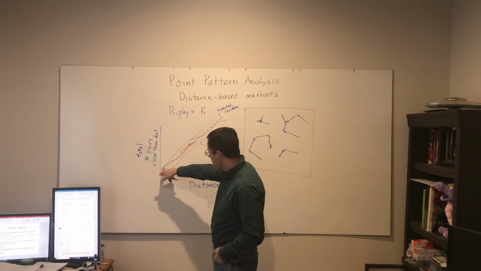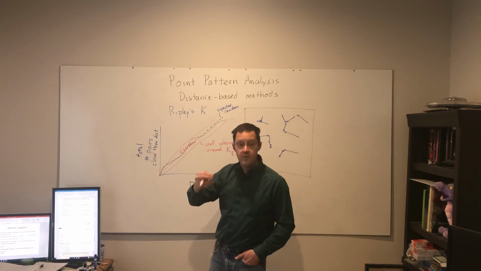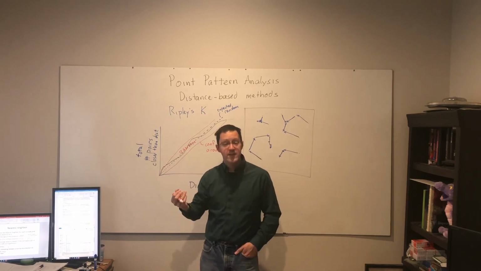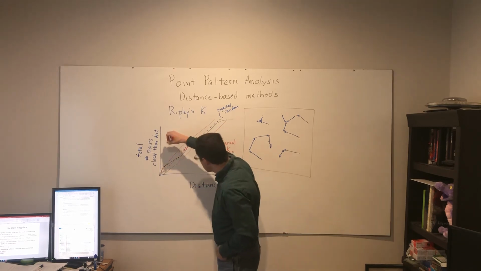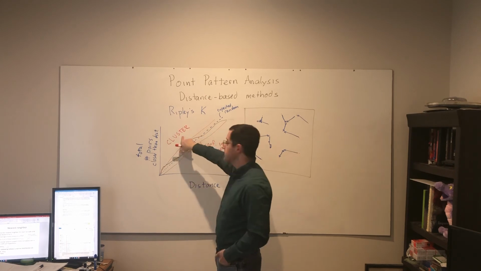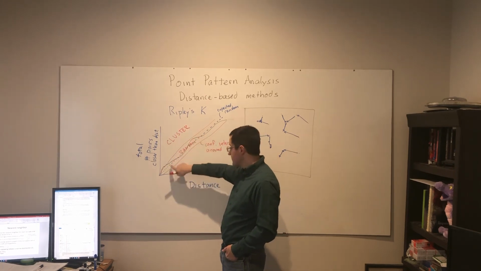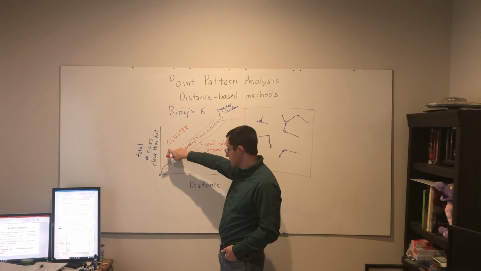That's saying that at these very short distances, there's actually more pairs of points closer than that than I was really expecting there to be. At which point they're clustered, because there's a lot of points closer than that than there really ought to be.